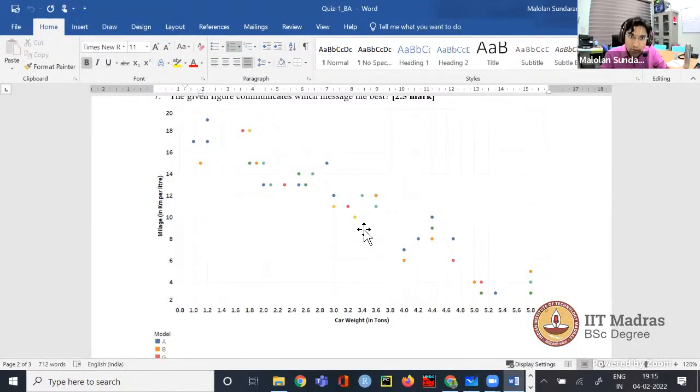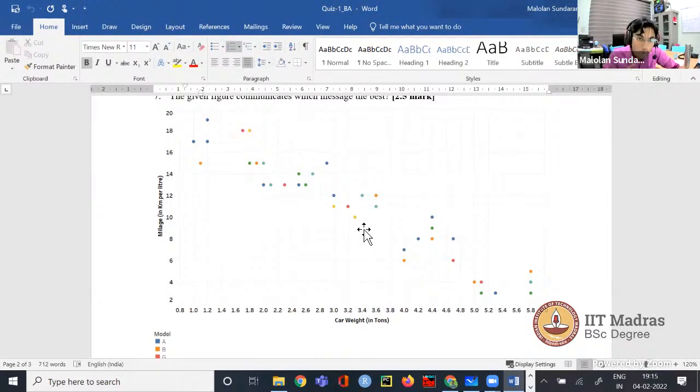If I wanted to convey that this was model wise, at least for this data set, I should have split it into different graphs one after the other, same axes, it's fine, so that I can clearly indicate that for each model it drops. If I do not split this particular graph, then the message that it conveys is, go analyze it further to find out what each model does.